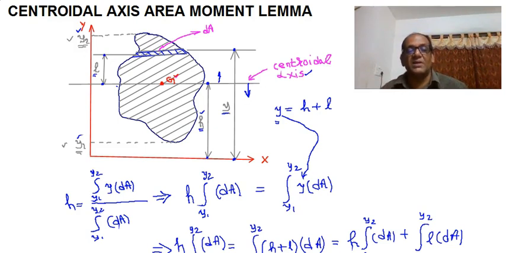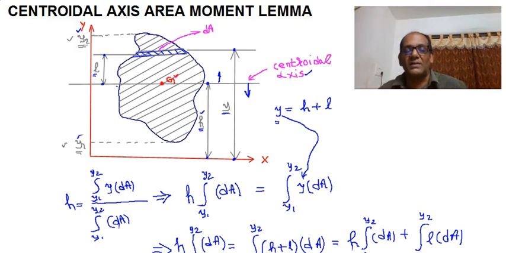For primitives and figures that have an axis of symmetry, the sum of all the area above the centroidal axis is equal to the sum of all the area below the centroidal axis. That is the reason why, when we began with the definition of centroid, we said that the centroid is that point which has the property that any line drawn through it will divide the figure into two halves, and that applies only to primitives and objects that have an axis of symmetry.